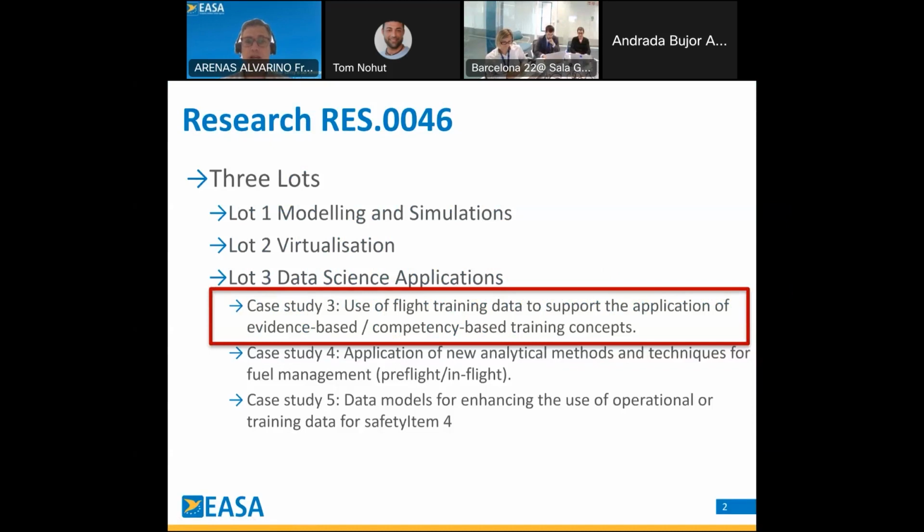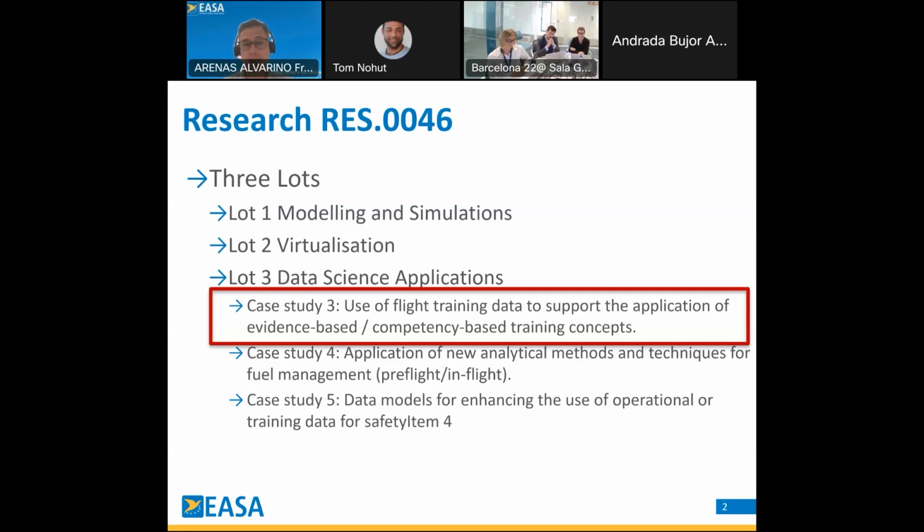And you will see there in the descriptions that there are 3 lots. The one that is applicable to us is lot 3, which is data science application. And inside this lot 3, there's 3 cases of studies. It's case 1, case 2, and case 3.